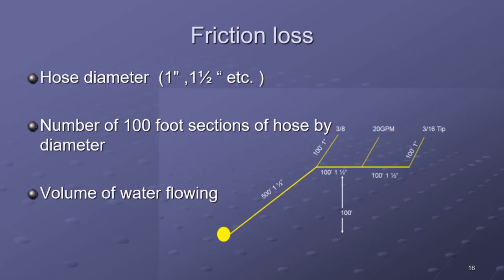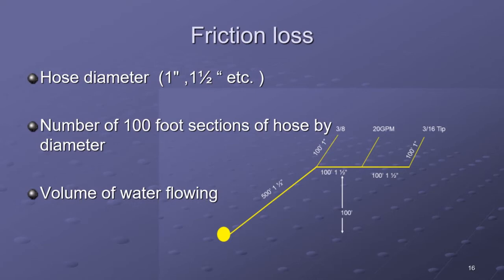So back to the drawing that we made, or that we referenced earlier. These are the things you need to know to be able to calculate friction loss. You need to know the hose size. You know that hose diameter. Generally, all our hoses are in 100 foot lengths. So that part's easy. But you need to know the diameter and where that diameter lays within your hose lay. You need to know how long it is and how long each section of hose is between different points.